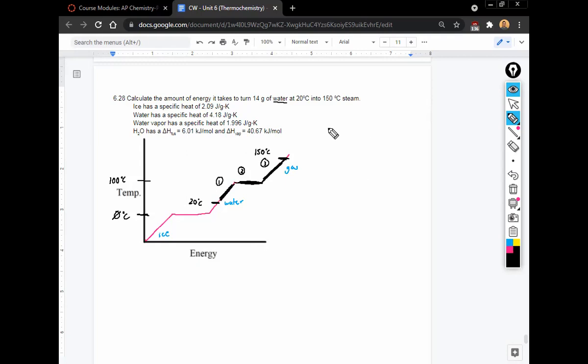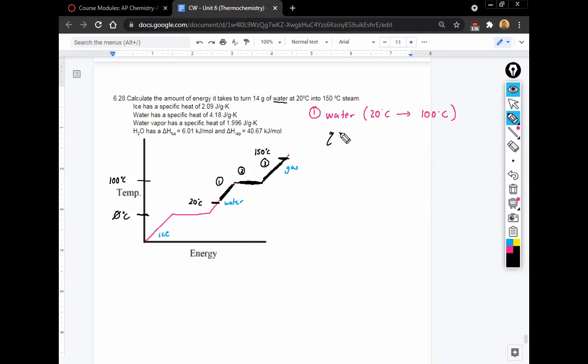Okay, so let's start with equation number 1. In equation number 1, what we are doing is we're taking water, we're starting from 20 degrees Celsius, and we're taking it to 100 degrees Celsius because we need to take it to the boiling point. Okay, that's the first equation. So for this equation, super simple.